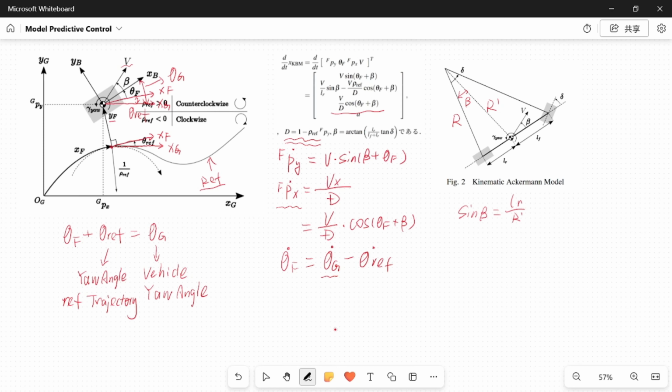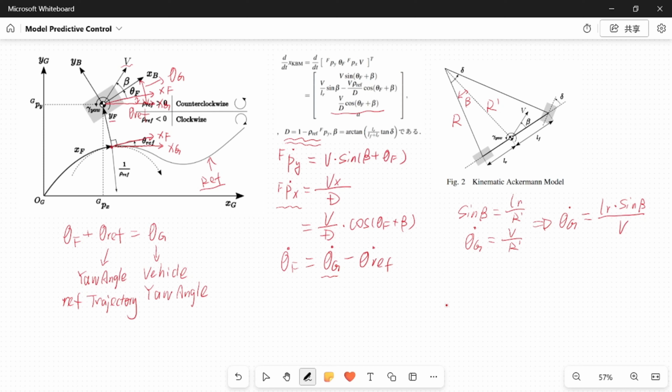And as we know, theta G dot is the yaw rate, which equals V over R prime. So let's delete R prime. So theta G dot equals LR times sine beta over V.